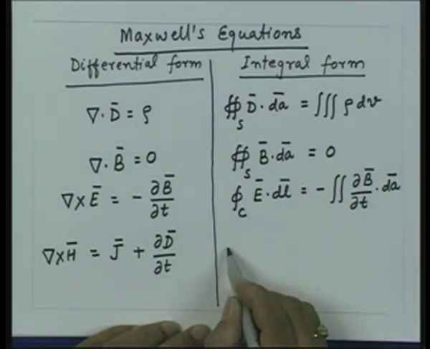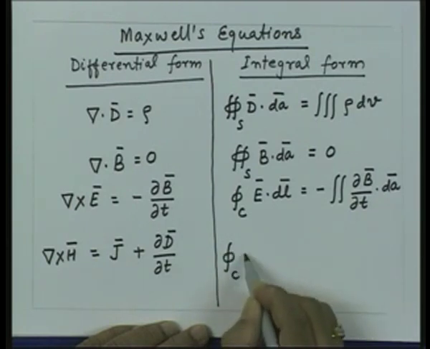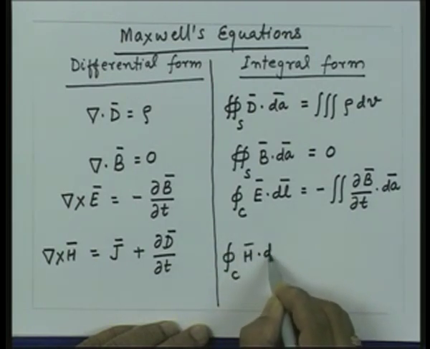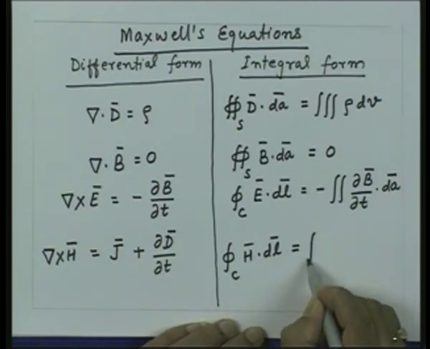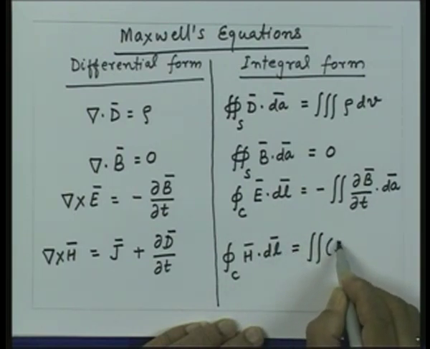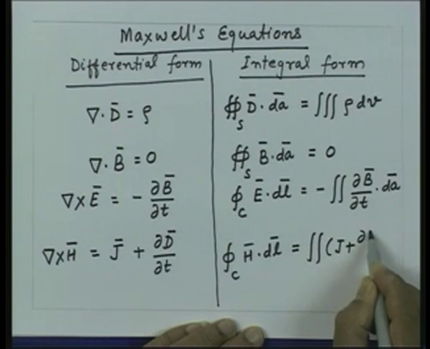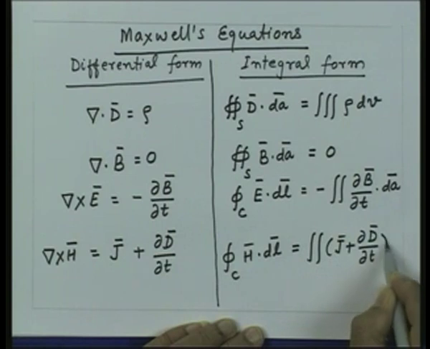In the integral form, the same thing is the integral over this contour of H dot dl, that is equal to the total current enclosed. So, that is J plus dD by dt into dA.